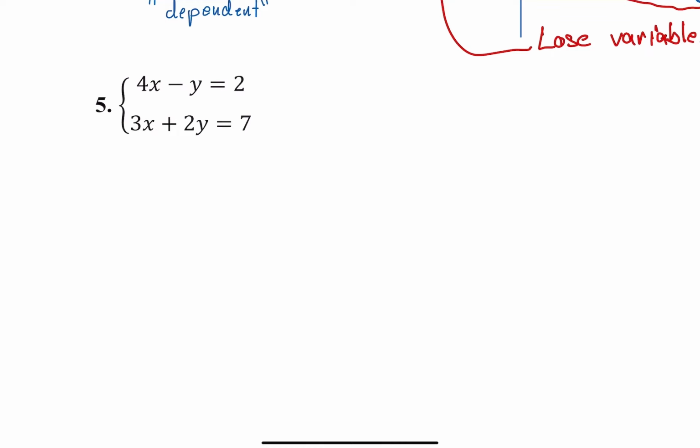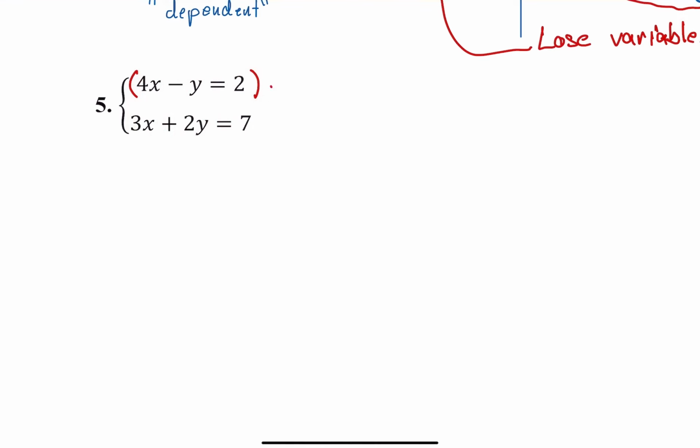Okay. Honestly, on this one, I am just a little fond of addition, but substitution would also work. The reason I would choose addition is because this one's negative, that one's positive. Everything's already lined up for me.